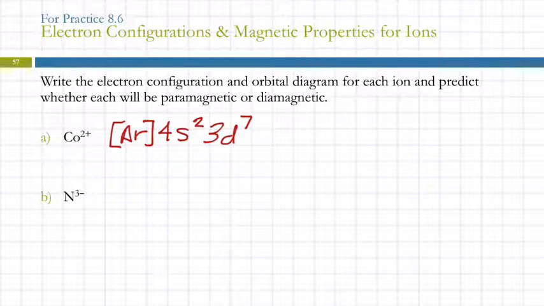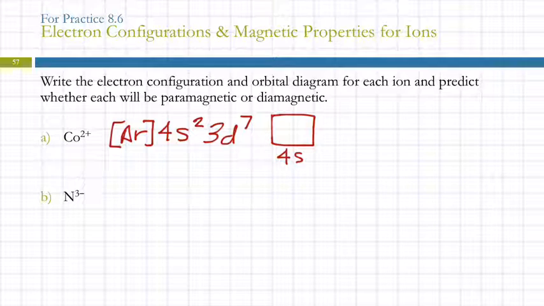Now, is that one of those weird ones? The irregular electron configurations? They started with a C. No, it isn't. That was chromium and copper. Cobalt's fine. So if we look at the orbital diagram, that's what it's called.